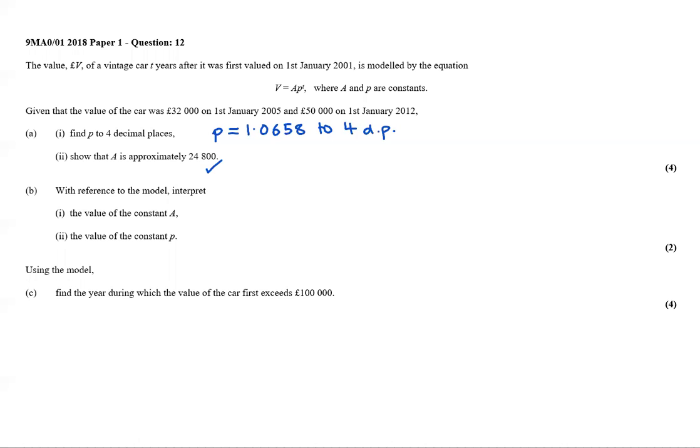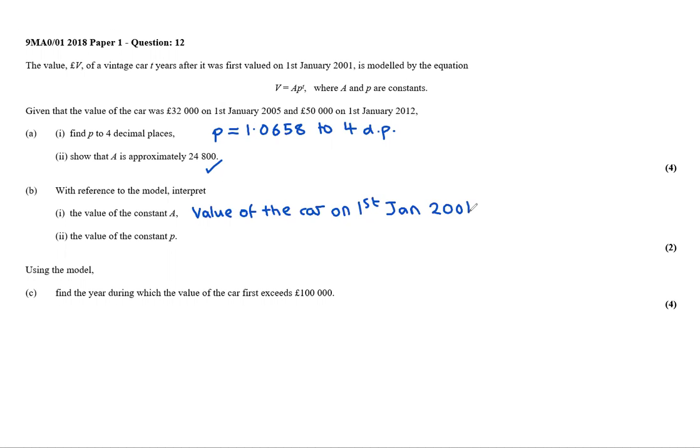Now for the rest of the question, it says, with reference to the model, interpret the value of the constant A. Well, A is the 24,800. This was the value of the car. Notice it's a vintage car, so the value is growing. But it was the value of the car on its first valuation, on the 1st of January 2001.